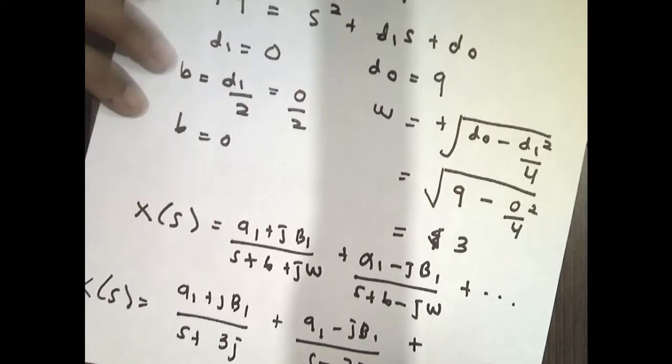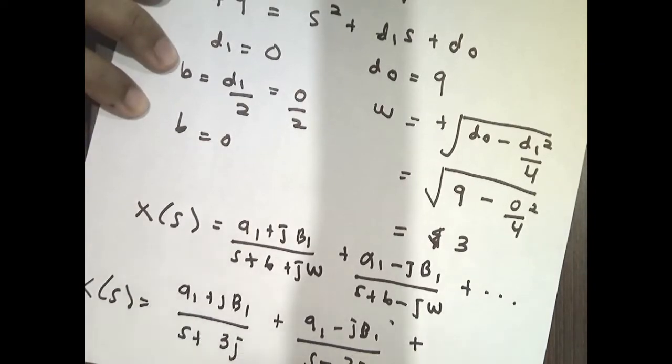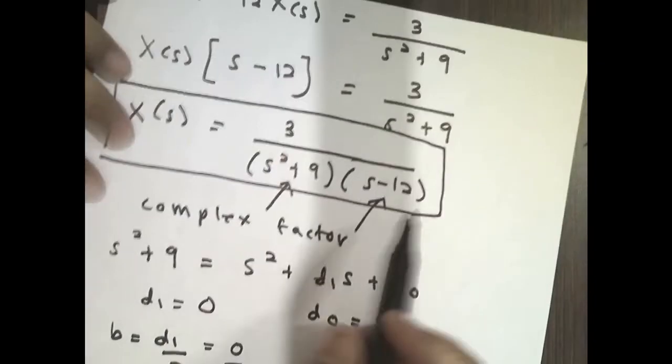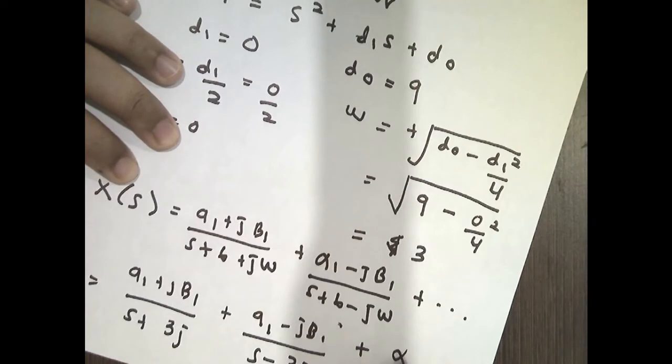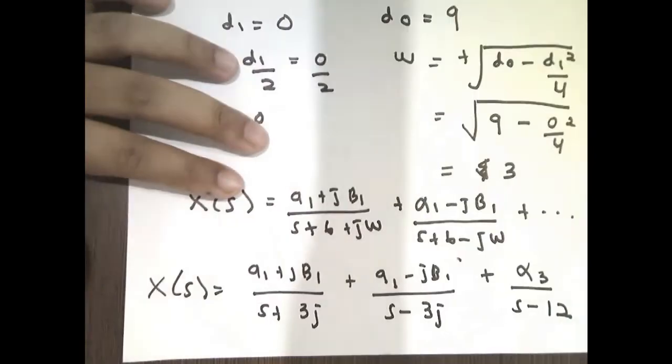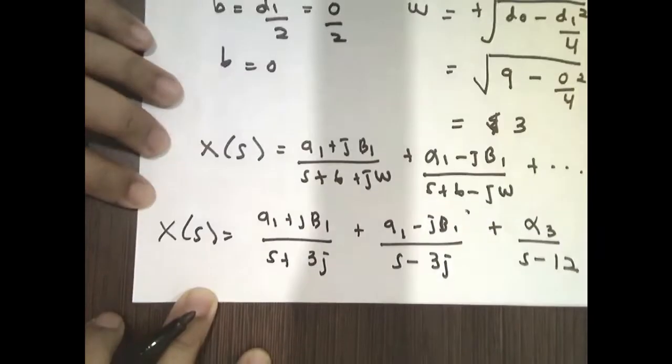And we have another function. This one is the complex root just now, but we also have s minus 12, right? So we can just write like this: alpha 3 over (s minus 12). Okay, so this is the function.